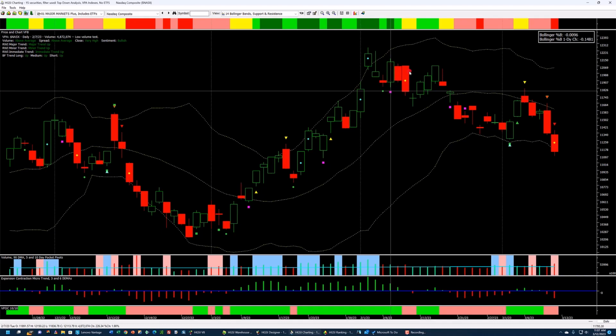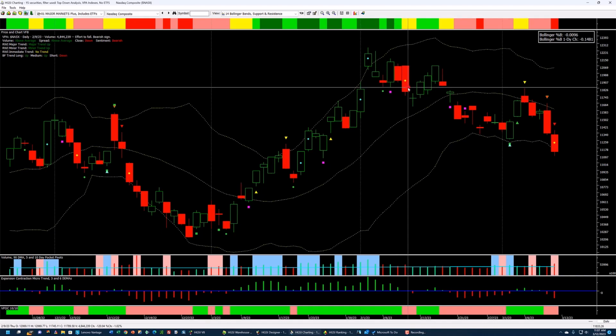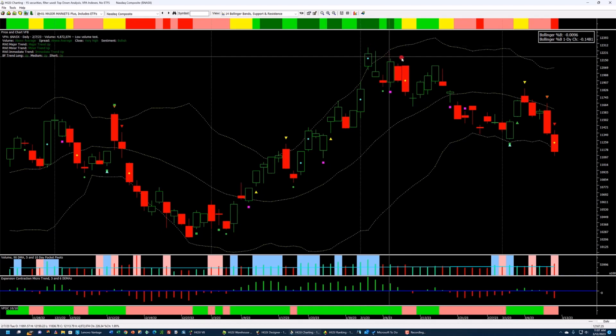It looked like maybe we had another shot at it, but there was an inside day here, inside the prior day's candle, and then weakness. So we were not getting back up to surpass this high. So this is a lower high at this point, lower than this one. And then we established a lower low here, and then we established another lower high.